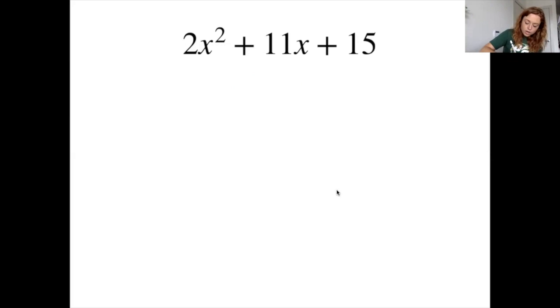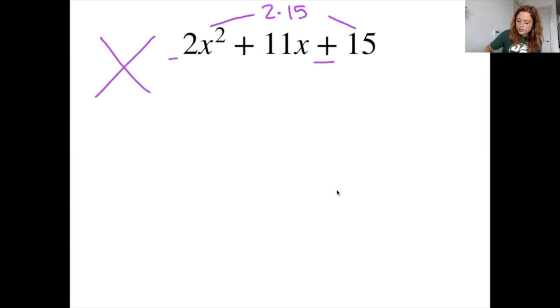So first things first, we're going to draw our X. In the top of our X, we're going to multiply A and C. So 2 times 15, and they're both positive, so positive 2 times positive 15 gives me 30, and the positive 30 goes in the top of my X. And then I'm going to take that B term, that positive 11, and put that in the bottom part of my X. Okay, so now my goal is to find what factors of 30, so A times C, can add to give me 11.